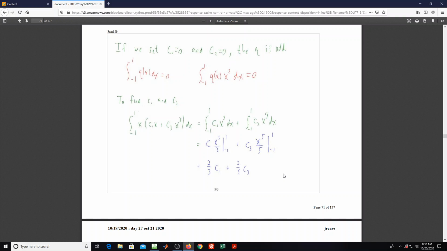All right, we've got to find C1 and C3. So if we integrate x against C1 and C3, we integrate, evaluate it, and we get 2/3 C1 plus 2/5 C3. So we're down to this: 2/3 C1 plus 2/5 C3 is equal to 0. We get our choice or our option of what we want to do.